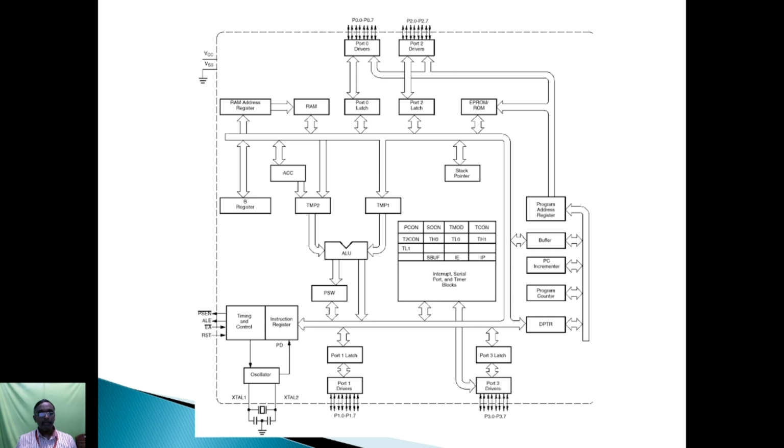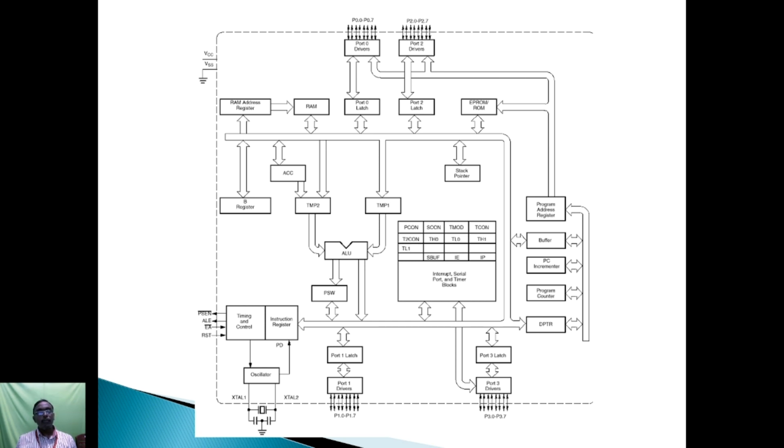Next one is RAM, ROM. Next one is port 0 latch, port 2 latch. These are port 0, port 1, port 2, port 3. There are 4 ports in the 8051 microcontroller.